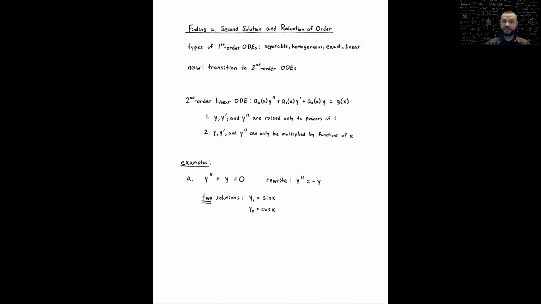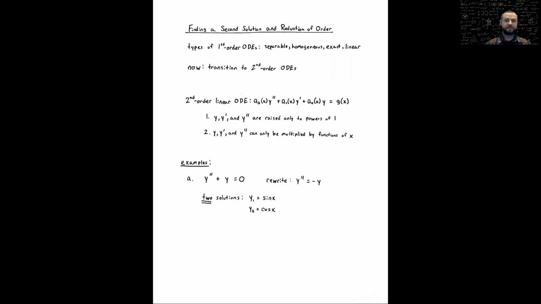All right, so if we rewrite this, subtract the y to the right-hand side, our two solutions, which we pointed out in our introduction to our course, are sine of x and cosine of x. Now, the main change from first-order to second-order ODEs is that second-order differential equations have two solutions.